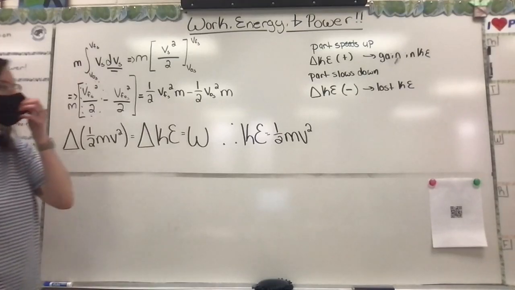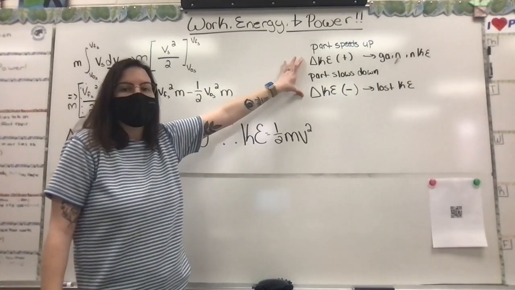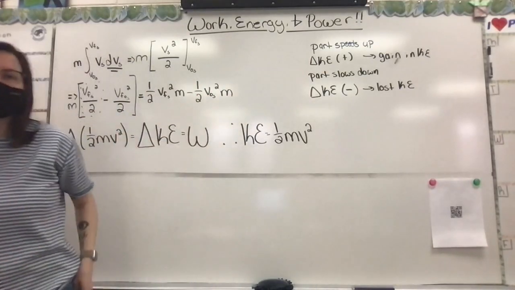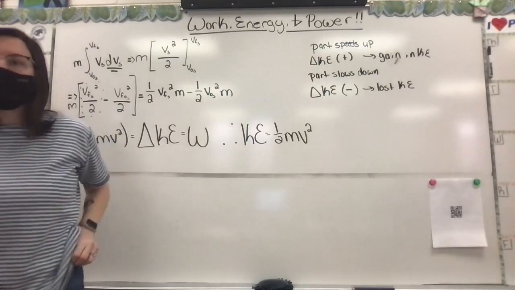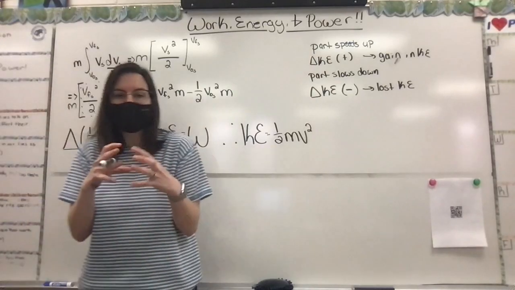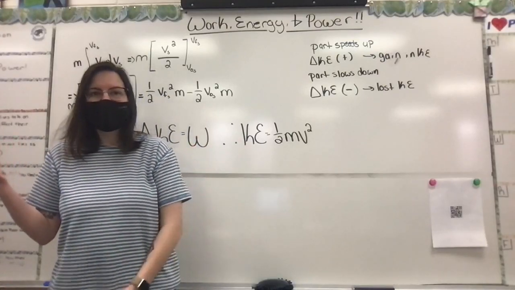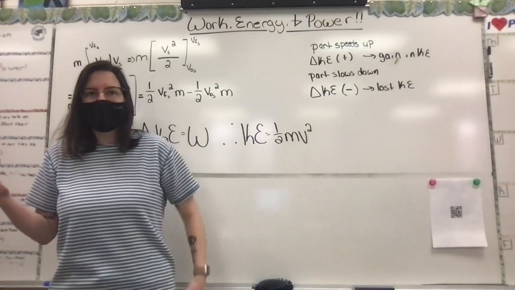Now remember that this is changing, okay? You see the deltas? So can kinetic energy itself ever be negative? No. If you get a negative kinetic energy on its own, not a change in, you've done something super wrong, okay? Why can it never be negative?